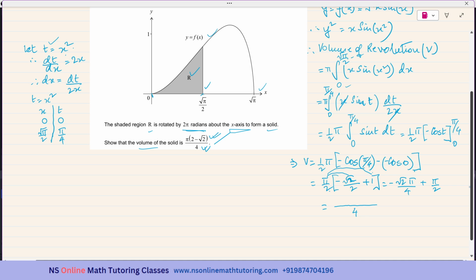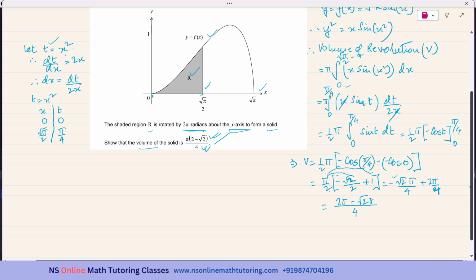And this is having a minus sign. So I can write this as 2 pi over 4. Instead of pi over 2, it can be written as 2 pi over 4. And I will be writing the 2 pi first because it is having a plus sign, and then minus root 2 pi.